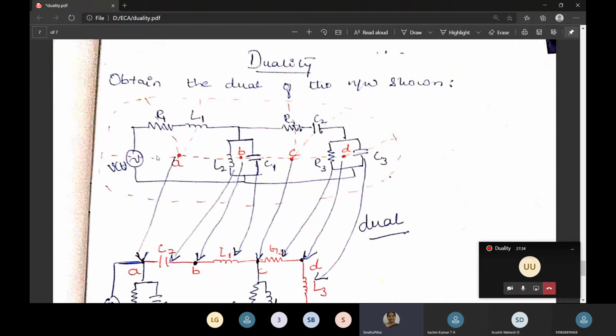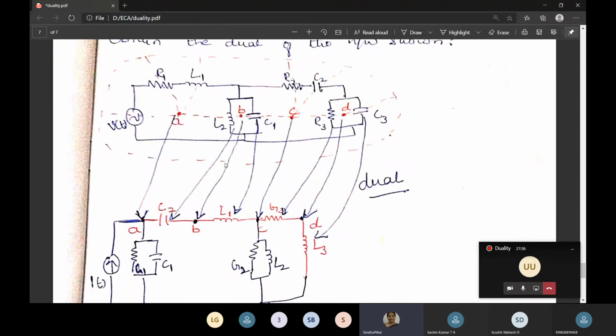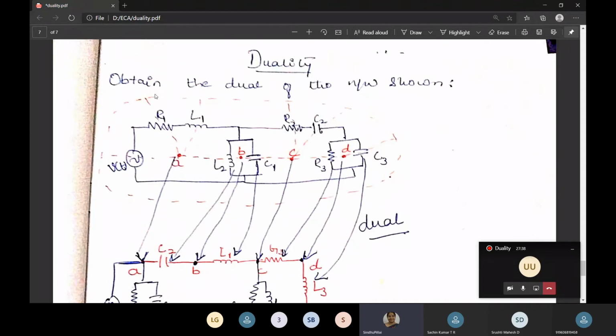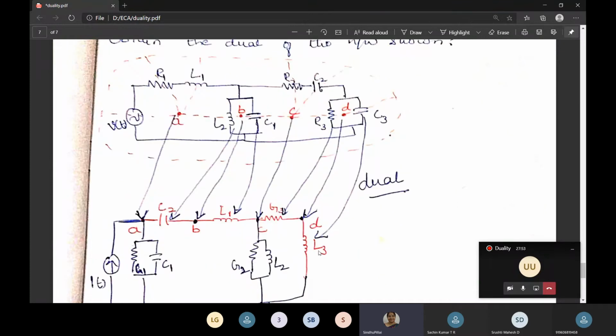Next, what will we do? Trace all the elements to the ground, the ground connection which is put around the network. Then what I have done is put A here and B, C, D separately. Between A and B we have an inductor, L2, so replace it by C2.